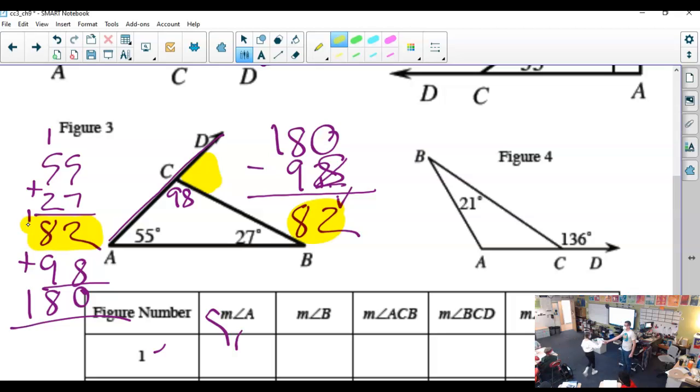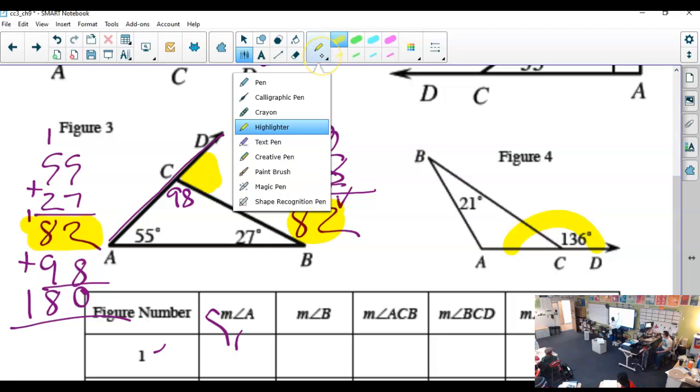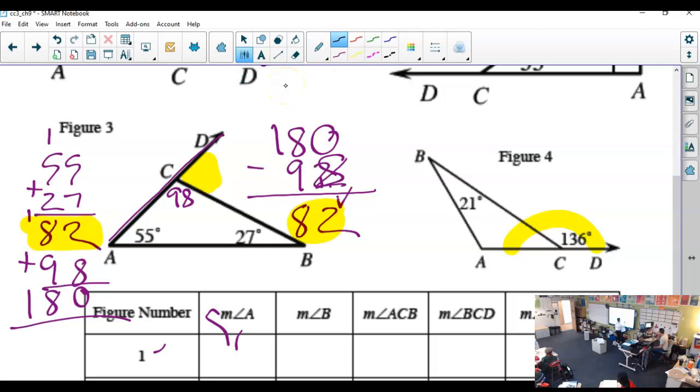Hey, listen to Anna so she can get through this. Okay, so we know that this is a line, so the top of it has to be 180. So then we just subtract 180 minus 136. And then we get angle 45.